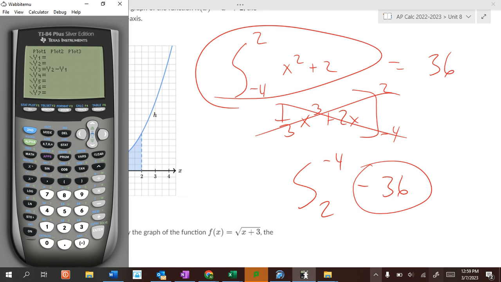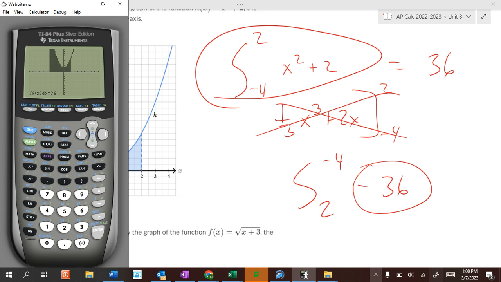So if we graph this function x squared plus 2, it looks like this. And if we go second trace, and then there's an integral symbol, which is number 7. If we go from -4 to 2, it finds the area under the curve, which is 36.